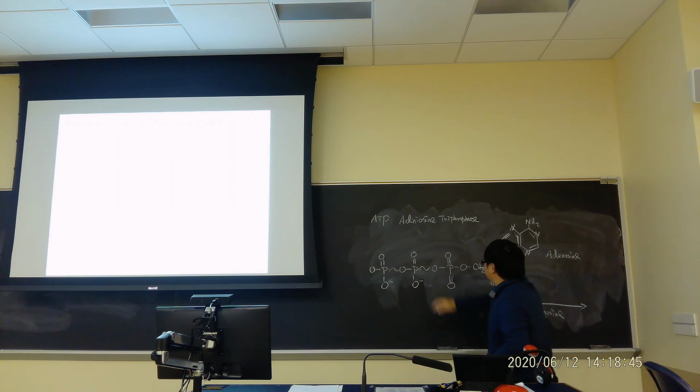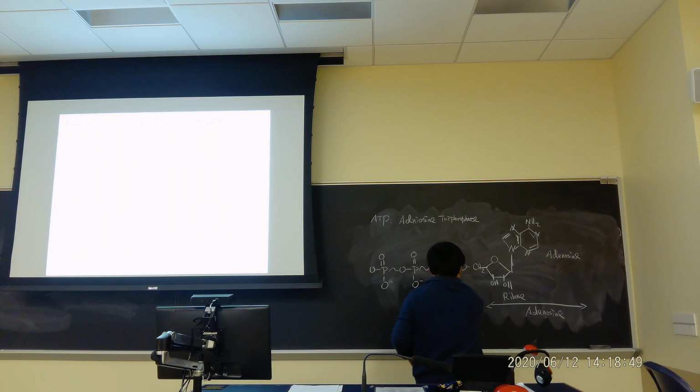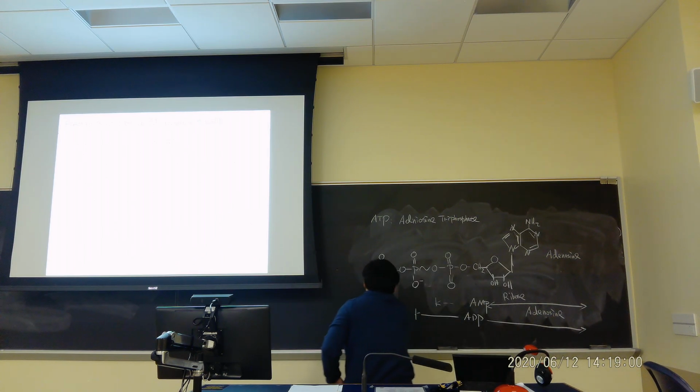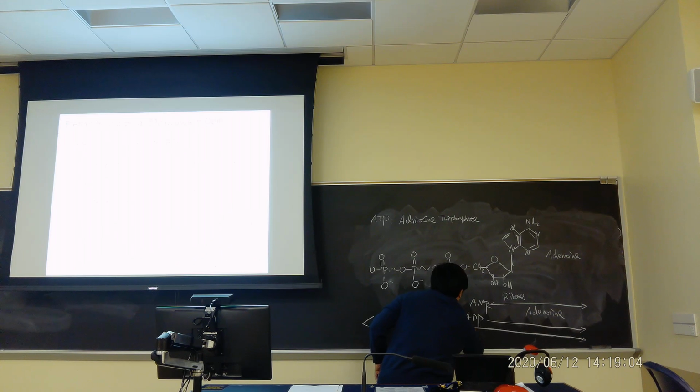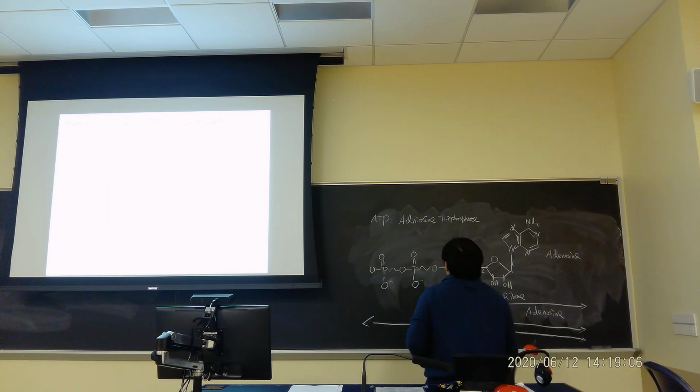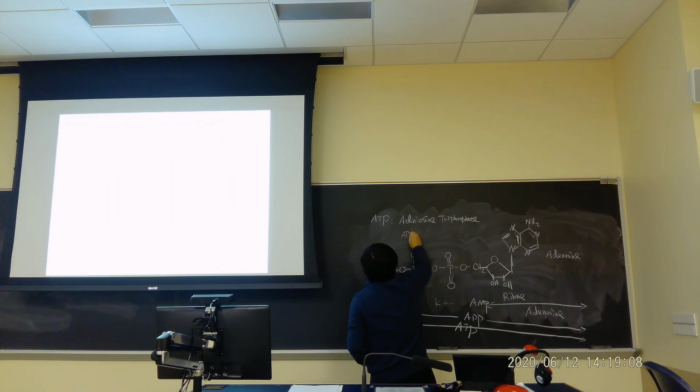Okay, where are the phosphates right here? Those are the phosphates. So, if this goes here, that means this is AMP. Goes here, that means ADP. If the last one goes from the top all the way, this is called ATP. Okay? Now, very important, we will mention later on.